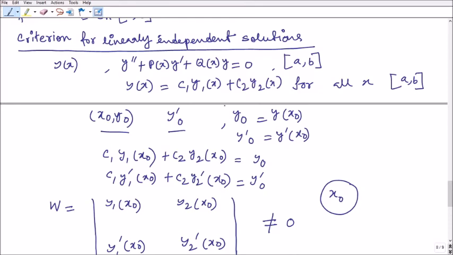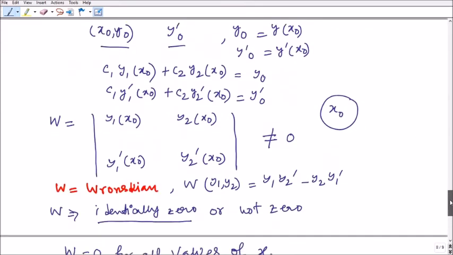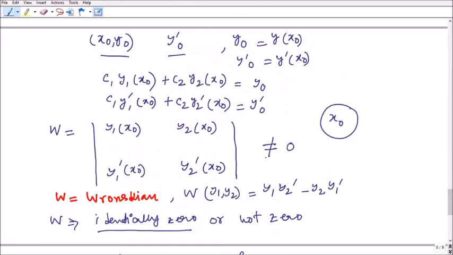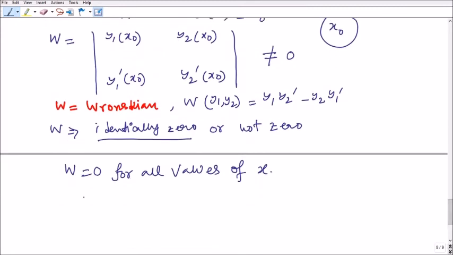If C1 and C2 are determined uniquely, then W must not be equal to 0, because y of x is a unique solution. So for a unique solution, W is not equal to 0.